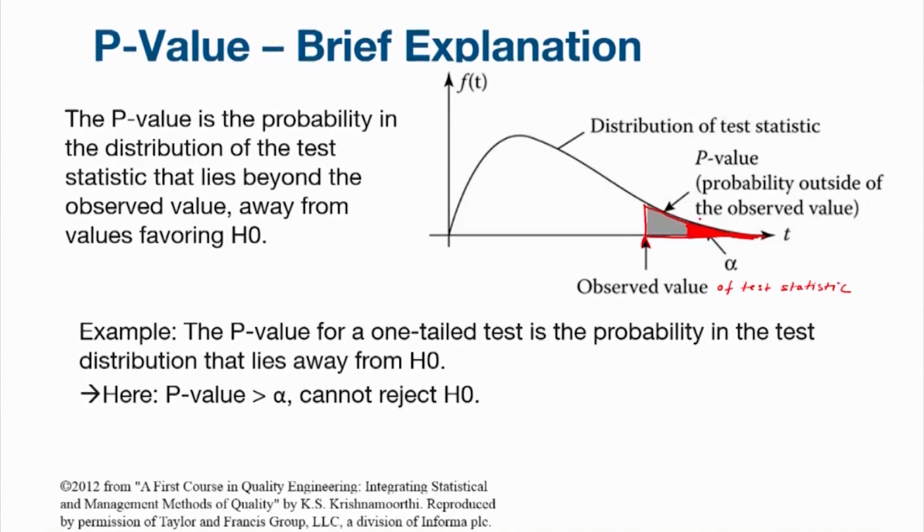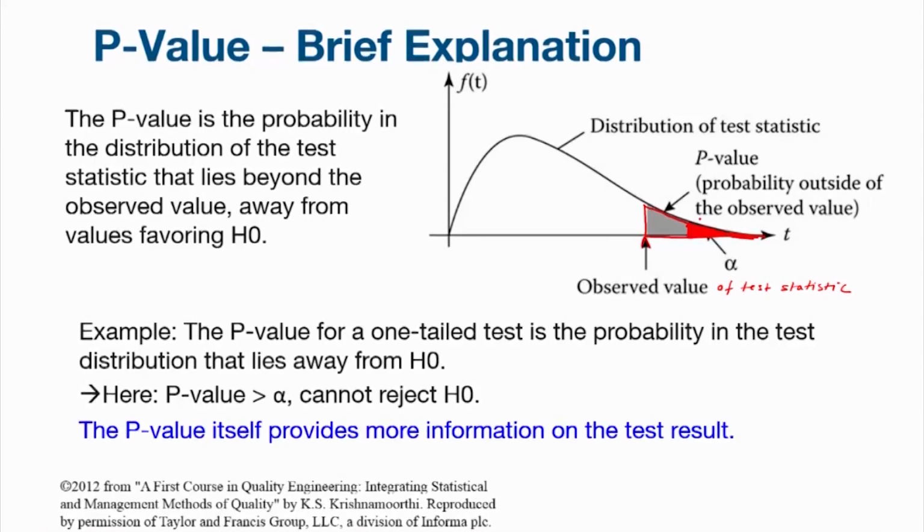Our observed value does not lie in the critical region because we see that the p-value is greater than alpha. If the p-value were smaller than alpha, then the observed value of the test statistic would lie inside the critical region. And then we would be able to reject the null hypothesis.